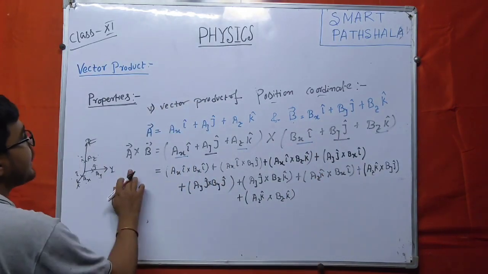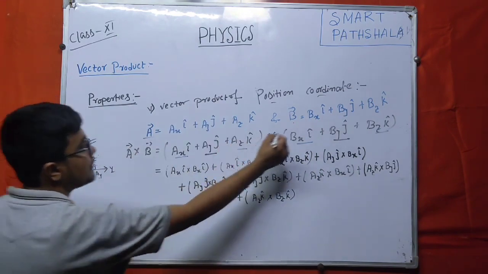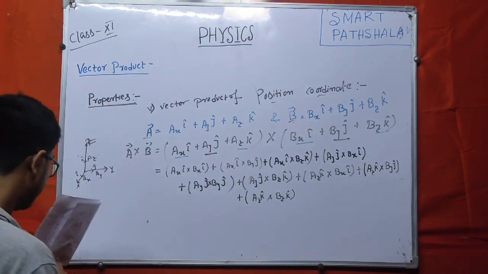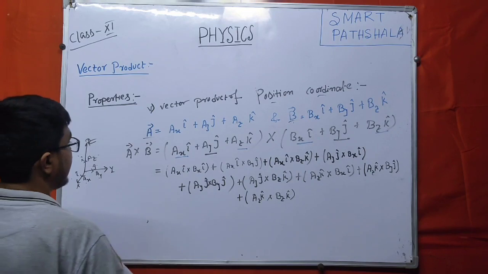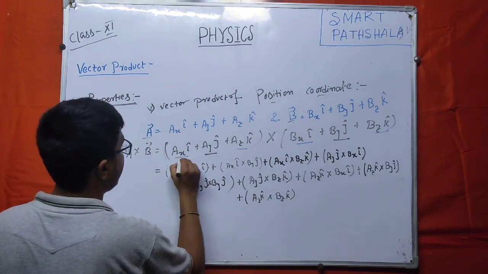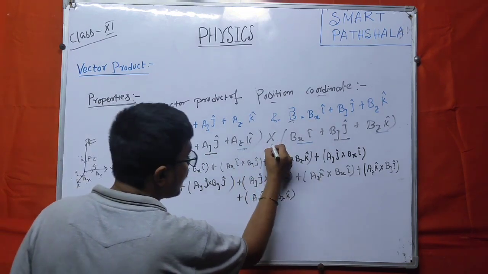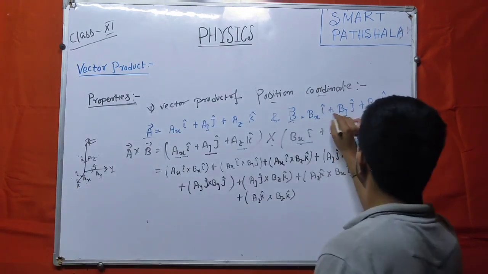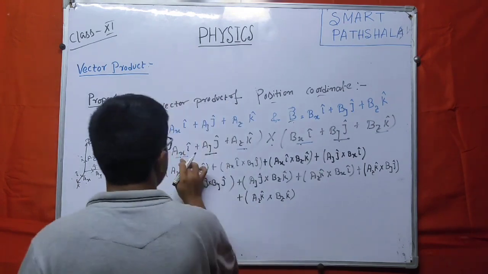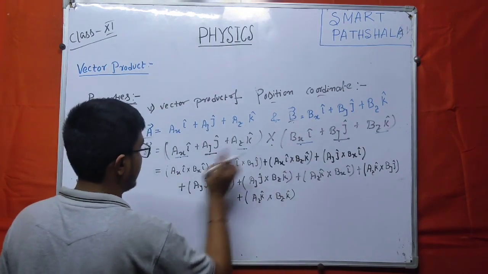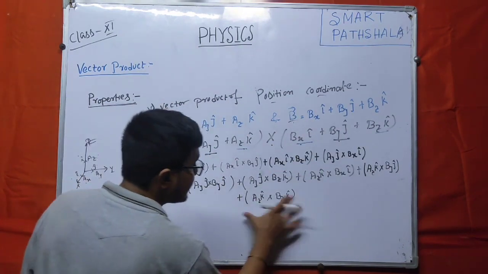Now we are asked to find the vector product of these two vectors. That means A cross B is equal to ax I cap plus ay j cap plus az k cap cross bx I cap plus by j cap plus bz k cap. Now simply multiply these two vectors, and we will get this form.